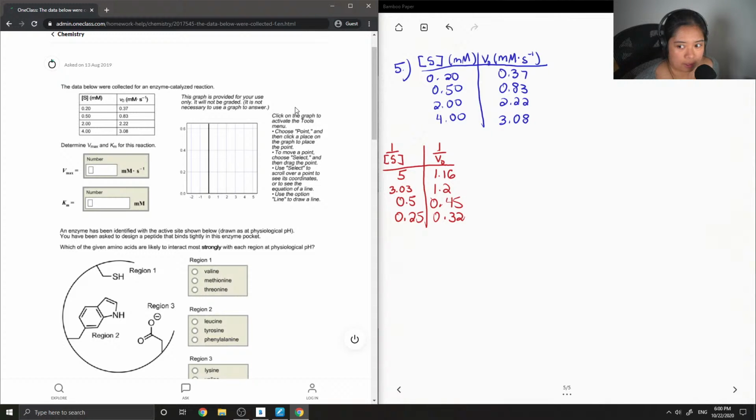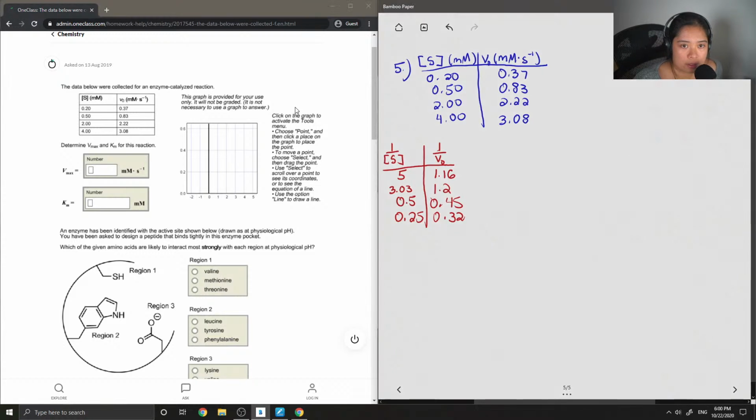Okay, so now I want to graph these values. I'm going to do it on the right side here. On the x-axis, I'm going to do the 1 over concentration of substrate, from 0 up to 5.